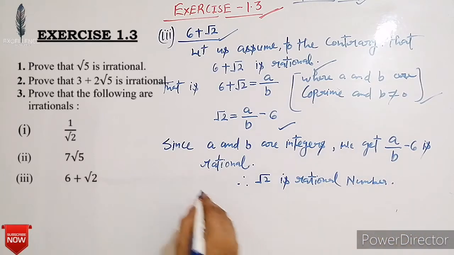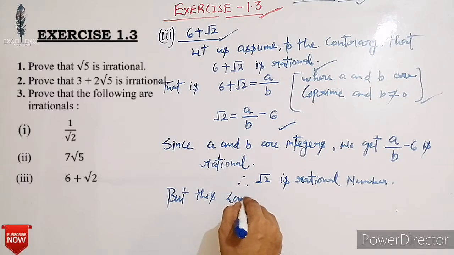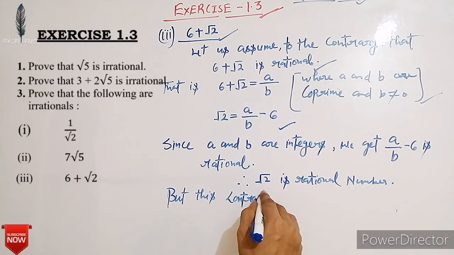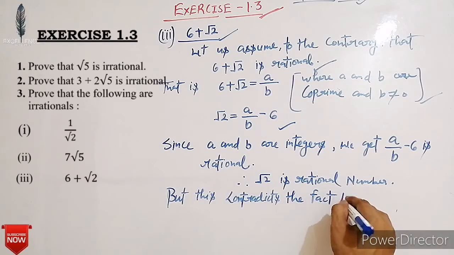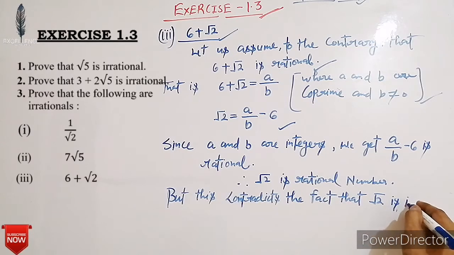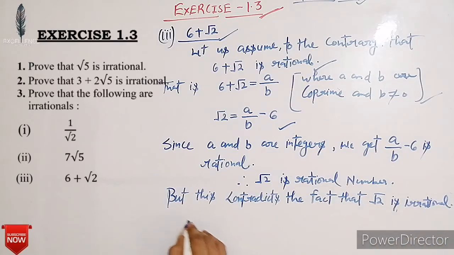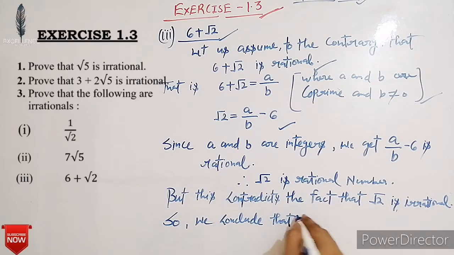But this contradicts the fact that √2 is irrational. Therefore, our assumption is false, and hence we conclude that 6 plus √2 is irrational.